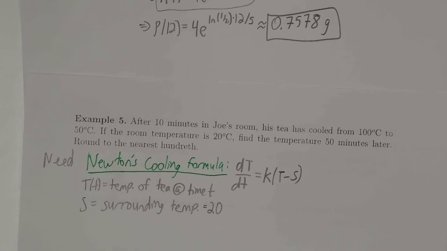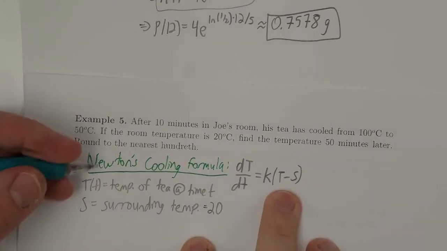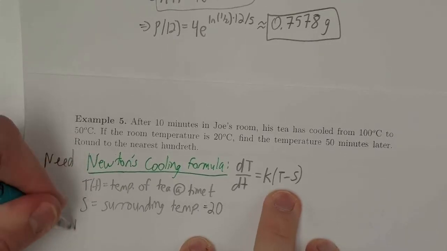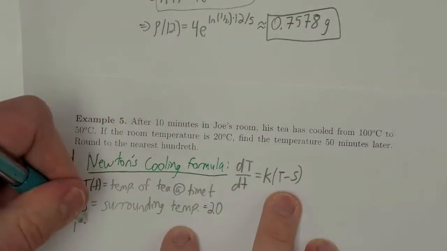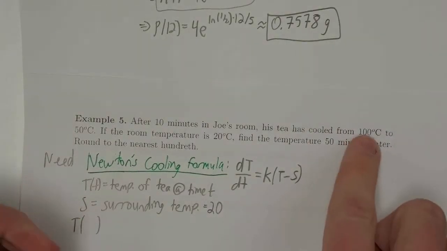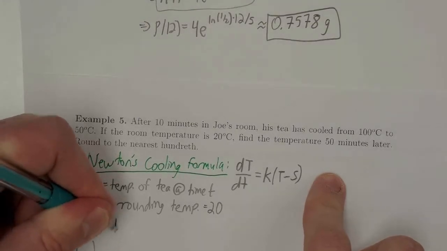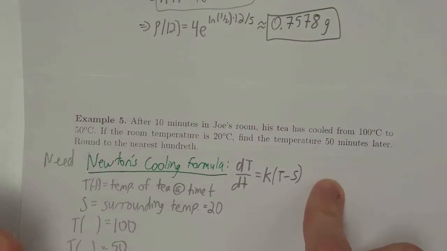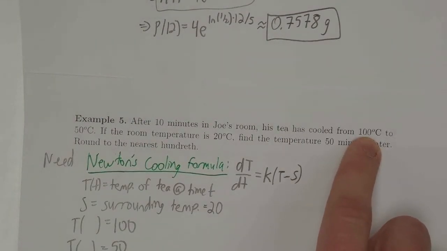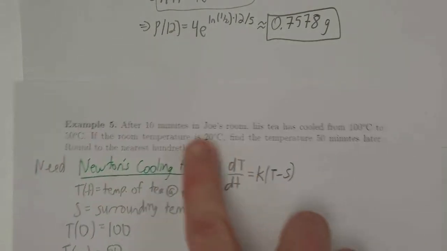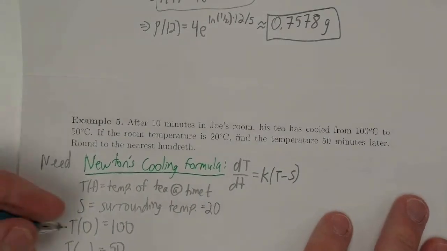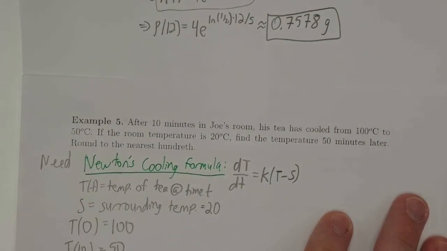Okay, so here's what we have with this. So one thing to note here is that if the temperature starts, so we're going from 100 degrees to 50 degrees Celsius. So we actually are given two values of the temperature at two given times. So if we start at t equals 0, assuming that we're starting with 100 degrees, then that means after 10 minutes, with t in minutes, that should give you that T of 10 is 50.